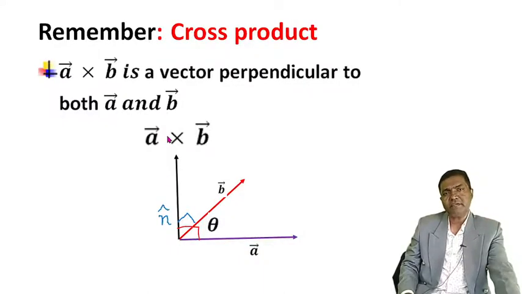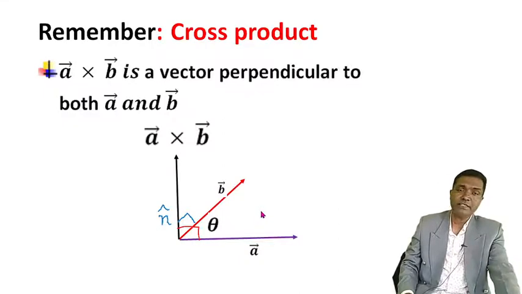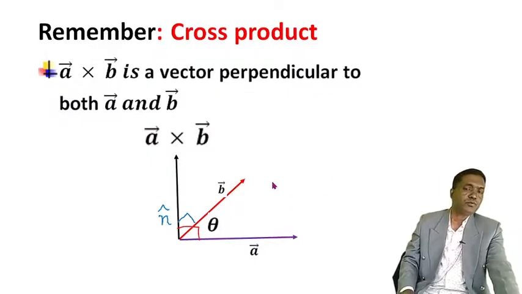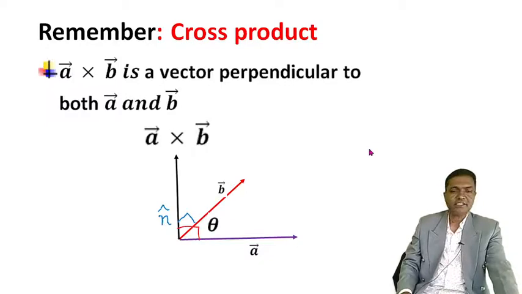Unit vector means a vector of magnitude 1 unit in the direction of vector A cross B. And this A cross B is such that it forms a right-handed coordinate system with these two vectors. I have also explained in vector algebra what a right-handed coordinate system is. So let's proceed with this basic knowledge to prove an expression for shortest distance.